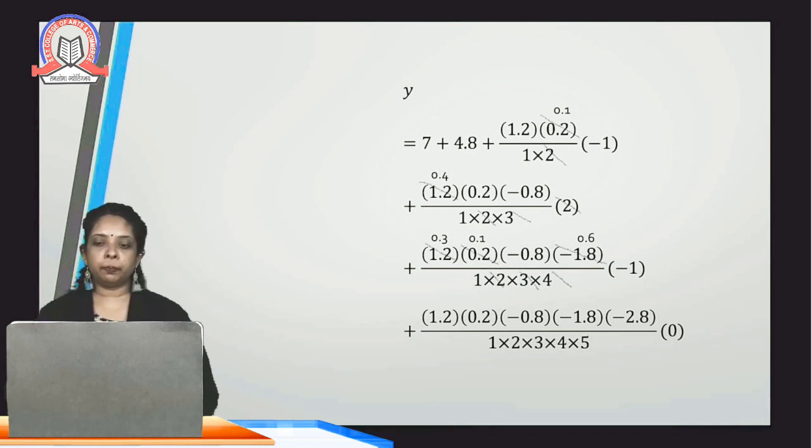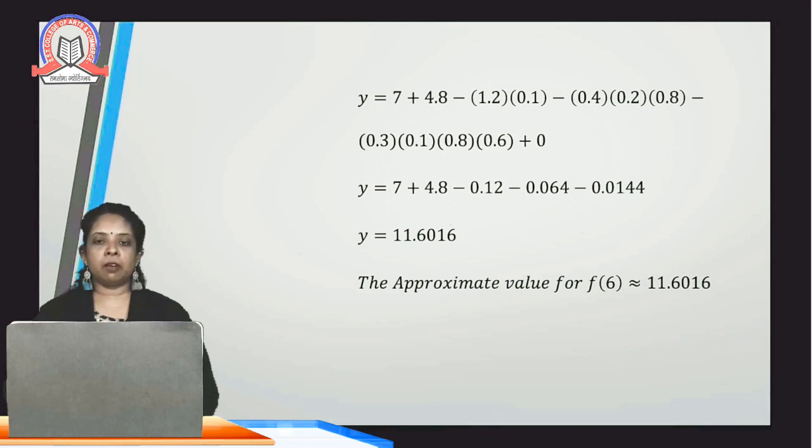So after the plus, minus and multiplication of negatives and positives in each term, we are getting y is equal to 7 plus 0.8 minus 1.2 into 0.1 minus 0.4 into 0.2 into 0.8 minus 0.3 into 0.1, 0.8, 0.6 plus 0. The 0 is already mentioned to avoid any confusion, so that we do not skip any individual terms by mistake.